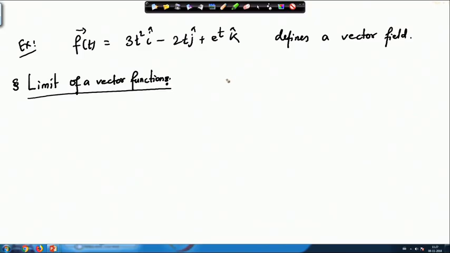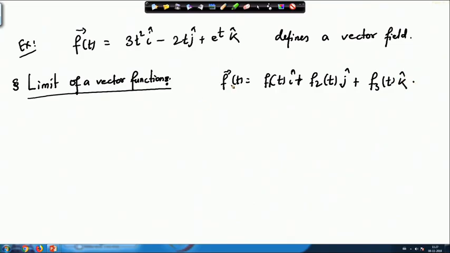Usually, the function f(t) is given by f1(t) i plus f2(t) j plus f3(t) k.